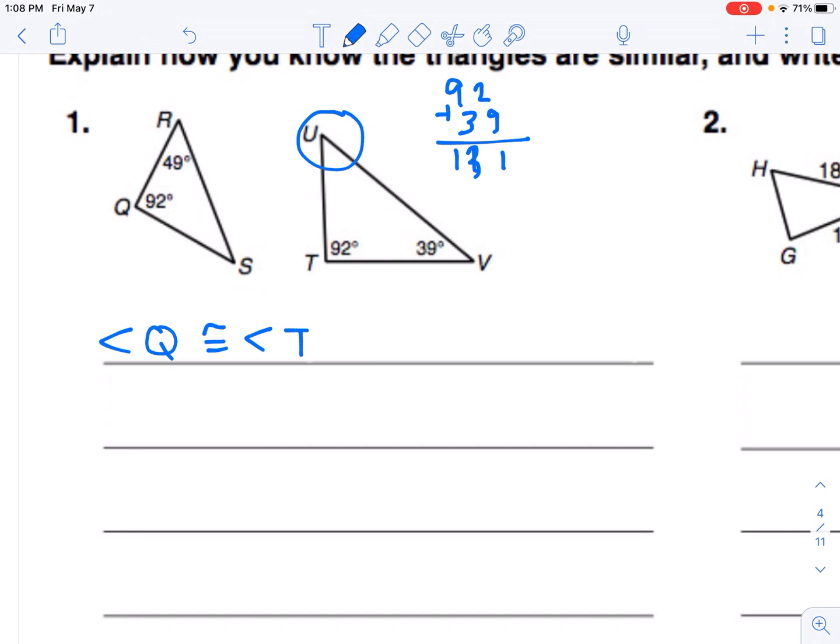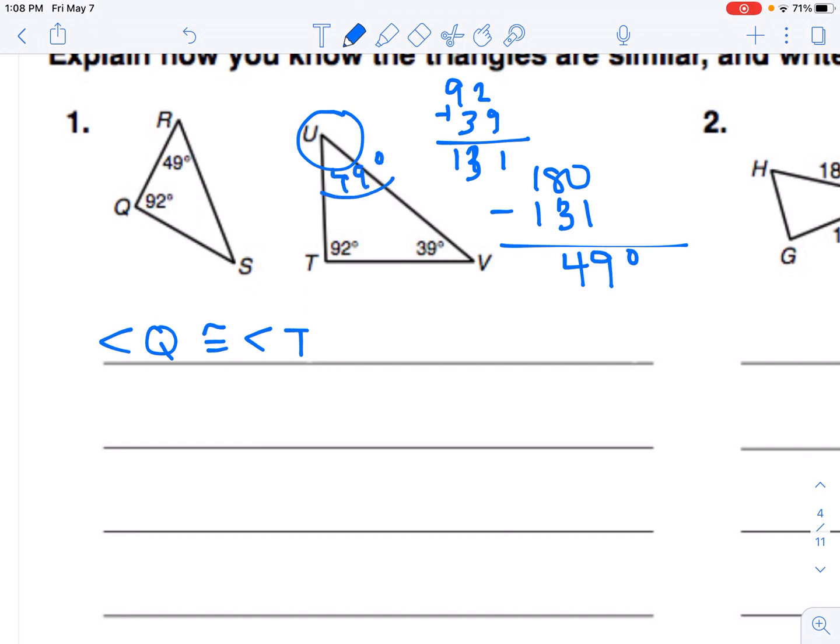is 131, and 180 minus 131 is 49 degrees. So angle U is 49 degrees.